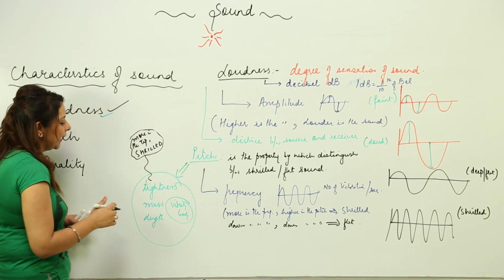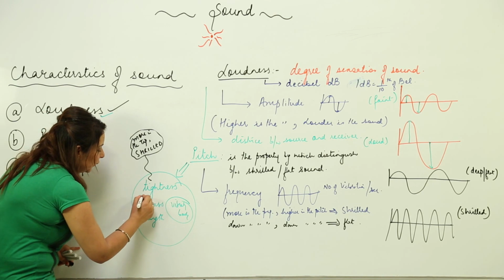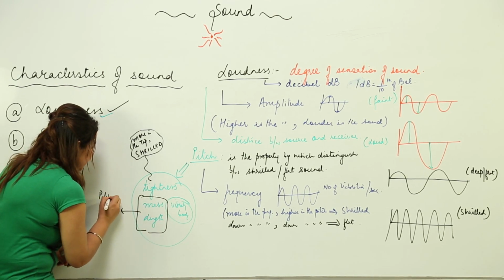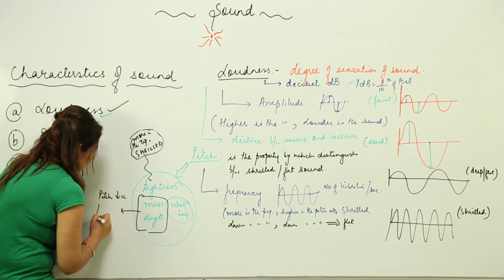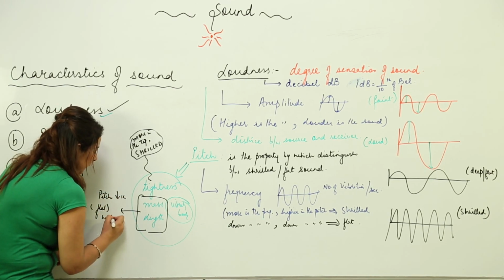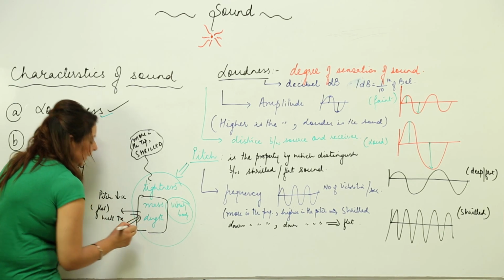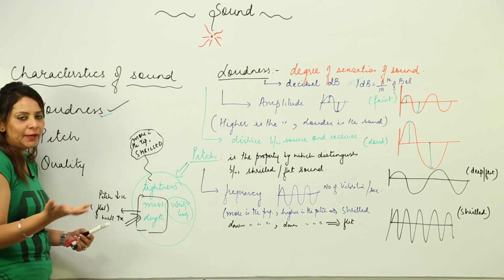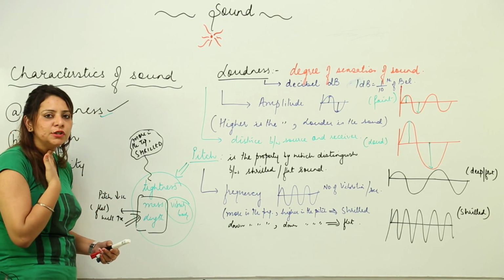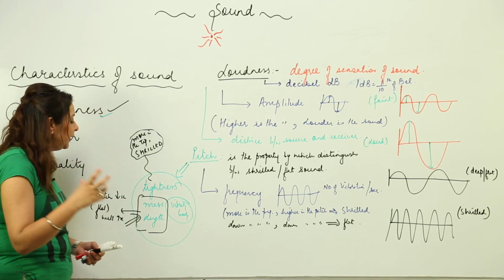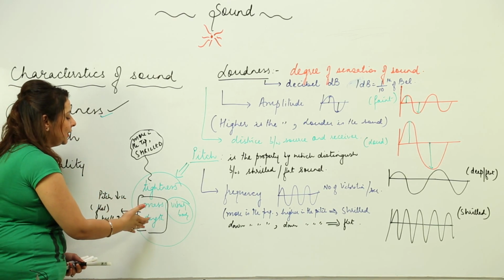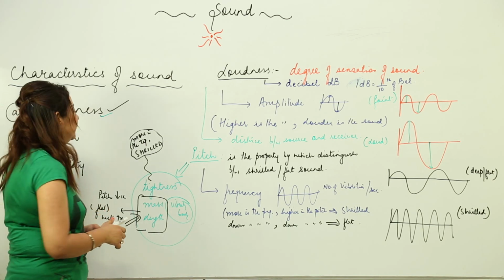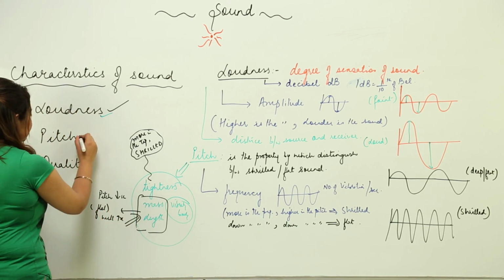And you know that pitch decreases with increase in mass and length. Pitch decreases, that means the sound becomes flat, with increase in mass and length of the vibrating body, or you can say any sound producing body, like we have the larynx. So in the larynx also we have a vibrating body inside. So if the mass and the length increase, the pitch decreases, that means the flatness of sound increases. So the second property, pitch, is over.